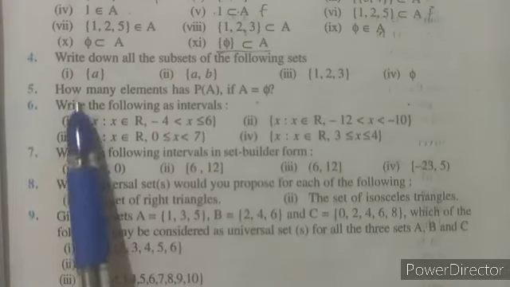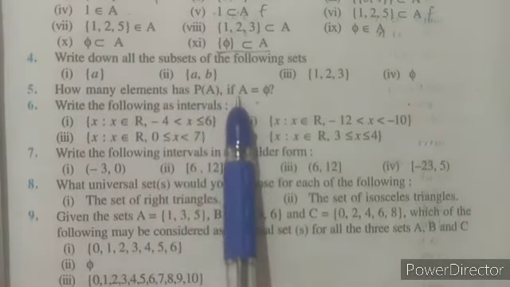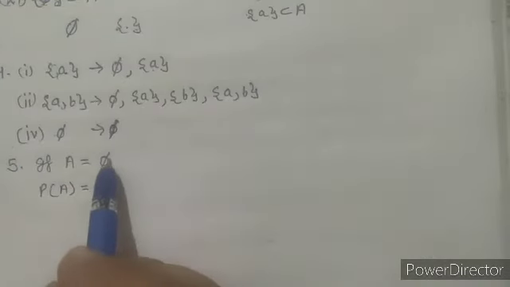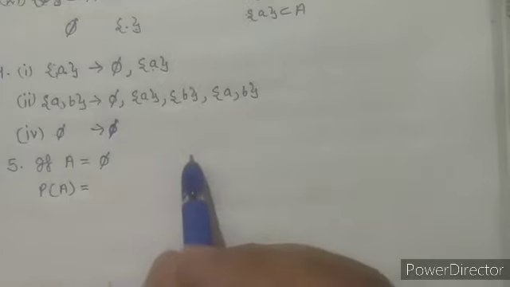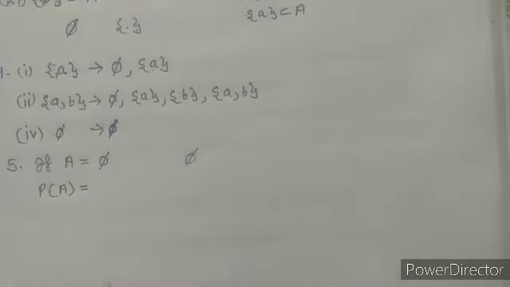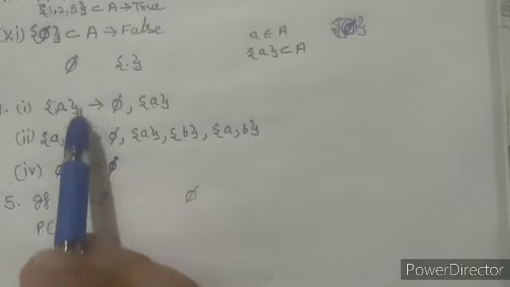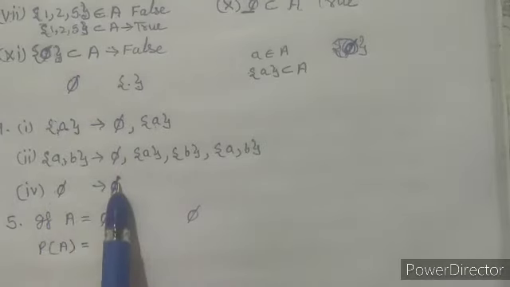Now in question number 5, how many elements has P(A) if A is a null set? Now if A is a null set, then the power set of A. If A is a null set, then it has only one subset, that is the null set, as we have done previously, that a subset of a null set is always the null set.